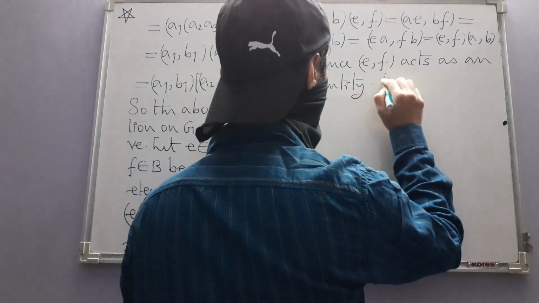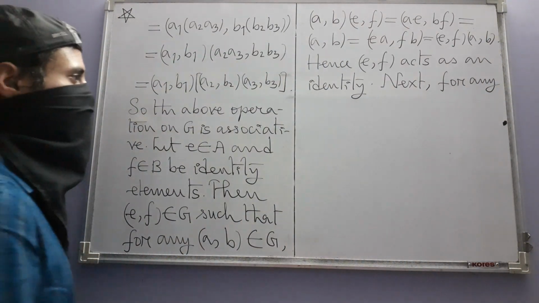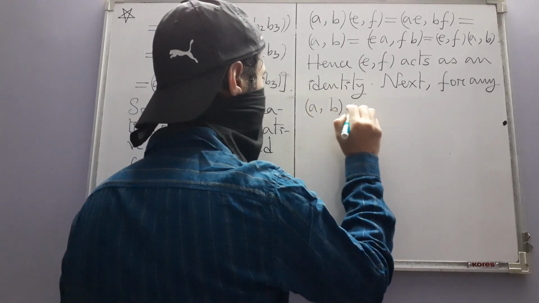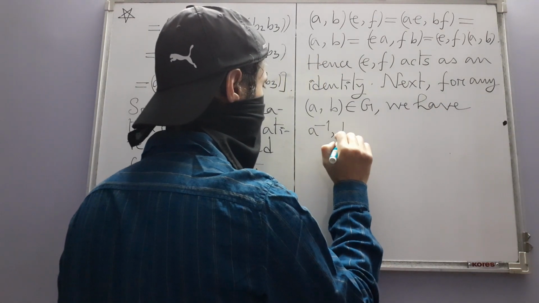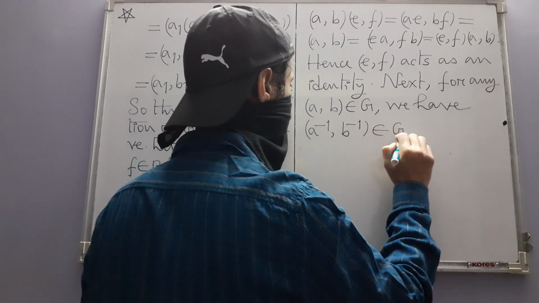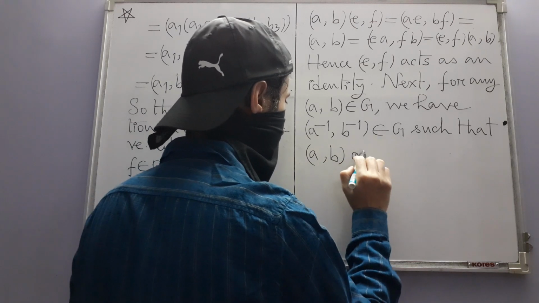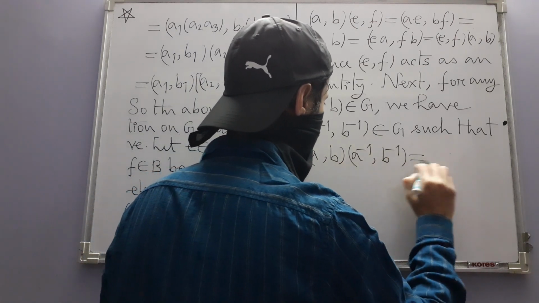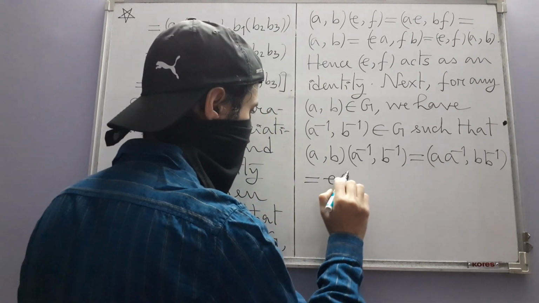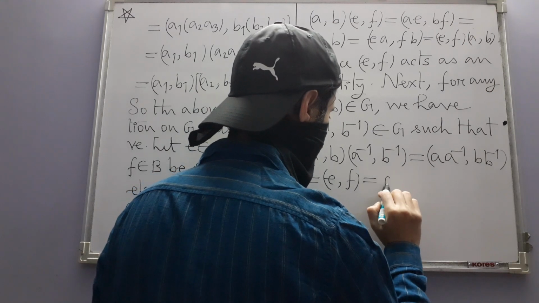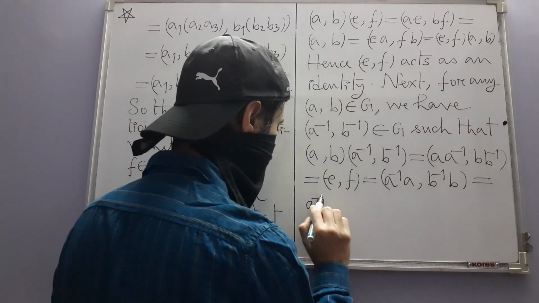Next, we want inverse for any A comma B in G. We have A inverse comma B inverse in G such that A inverse comma B inverse times A comma B is equal to E comma F, and that is also equal to A inverse A comma B inverse B, and that is this.